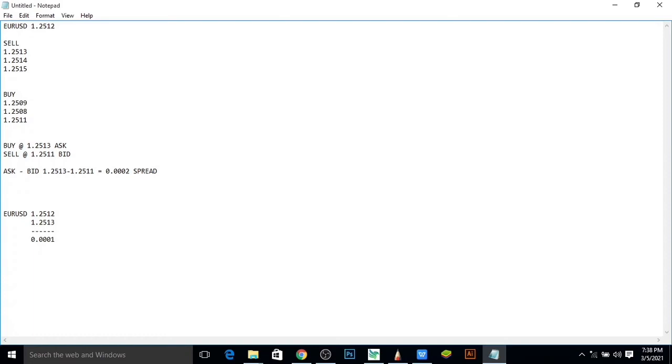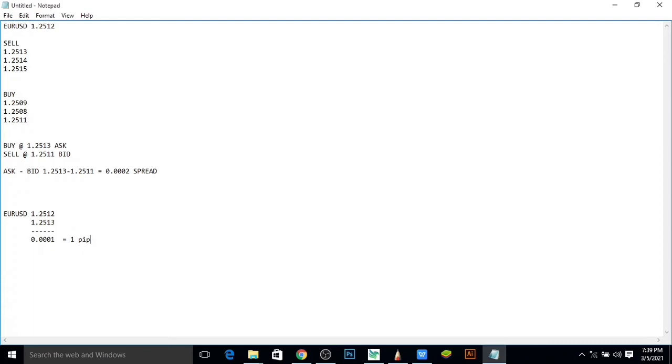That 0.0001 is called 1 pip. That is what a pip is. That movement of the last decimal place by 1 is 1 pip.